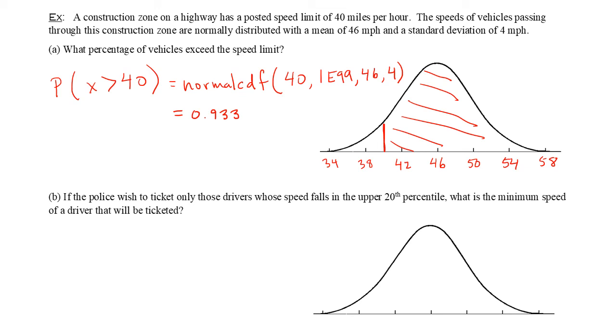So the 20th percentile would be the value that corresponds with 20% of the speeds falling below it. So wherever that is, here we can imagine, maybe right about here. So we're going to try and find that value, where the area below that value is 20%, or the area would be 0.20.